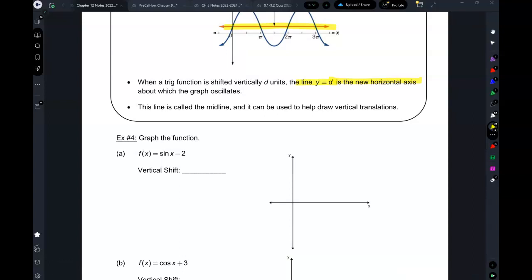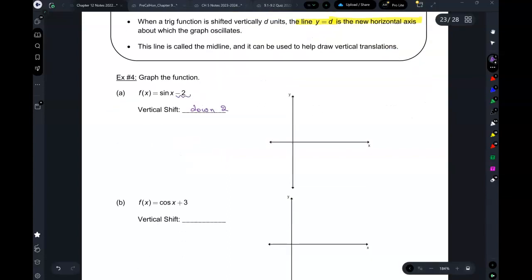What's the amplitude? 1. Is there a change to the period? There is no change to the period because the coefficient of x is still 1. Now, this negative 2 here is your d, and it gives you the vertical shift. So the vertical shift is down 2.